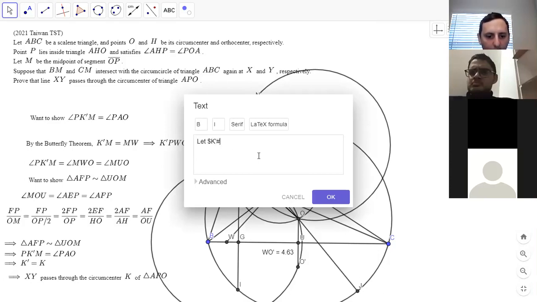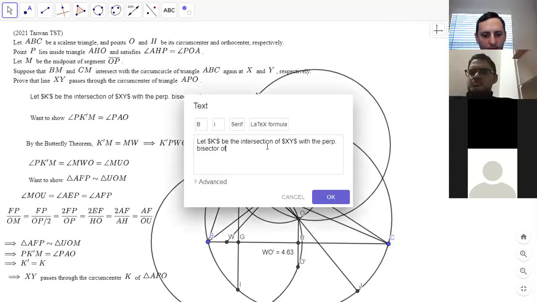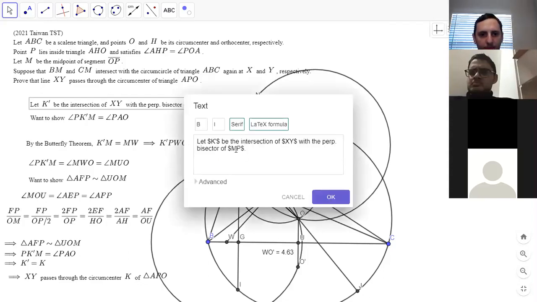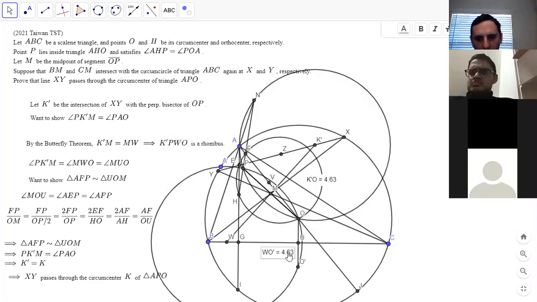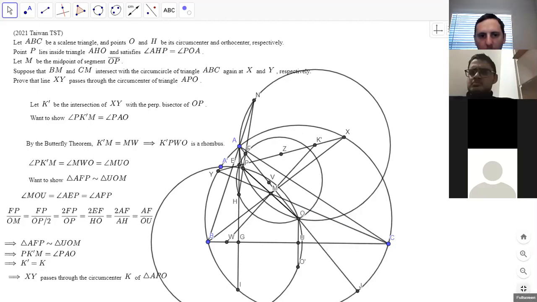So let K prime be the intersection of XY with the perp bisector of OP. All right, very nice. We never actually used O prime. It's interesting. I'm going to move on to the next problem.